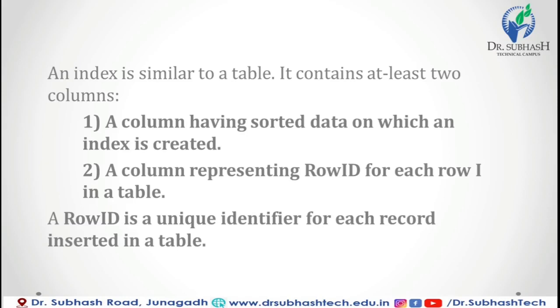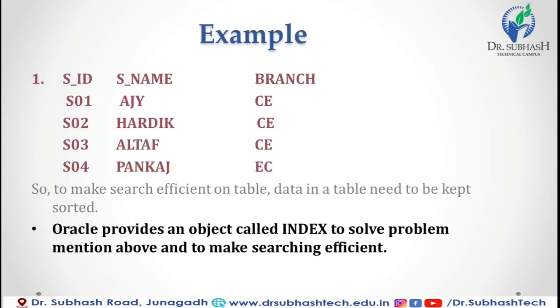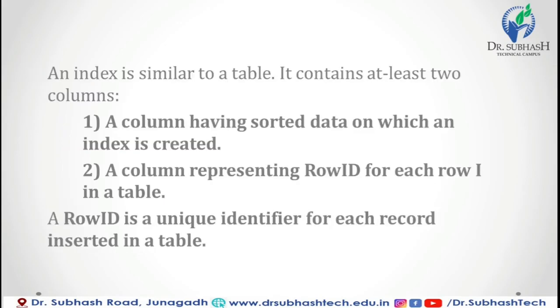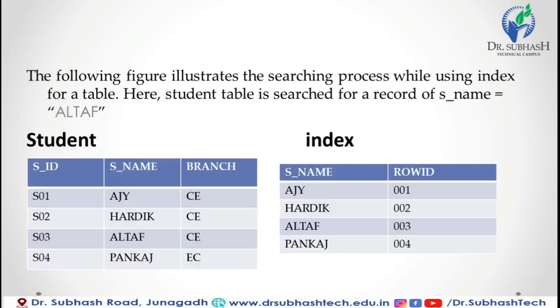One column holds the sorted data on which the index is created. For example, in our previous example, I want to create an index on student name. So the first column of the index is our student name, and the second column is a row ID. In the next PPTs we will show what a row ID means. A row ID is a unique identification for each record inserted in the table.